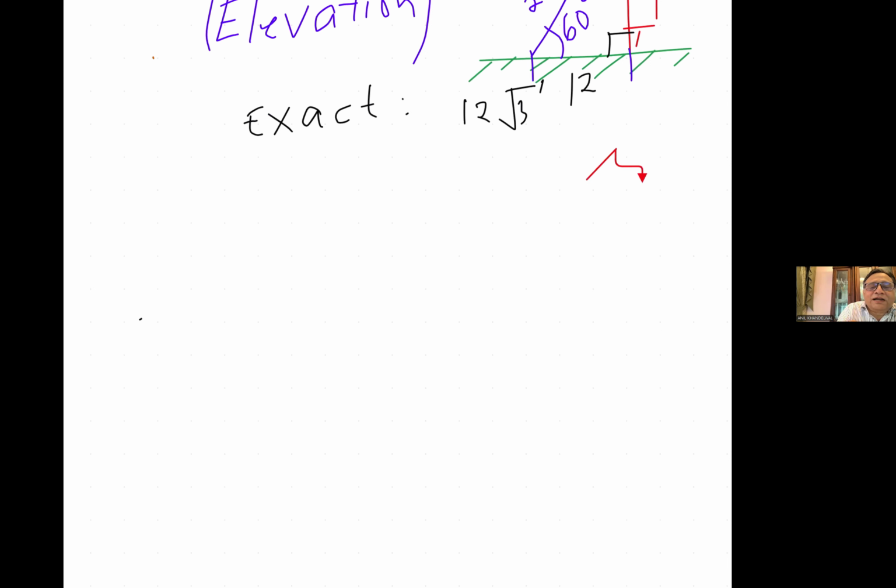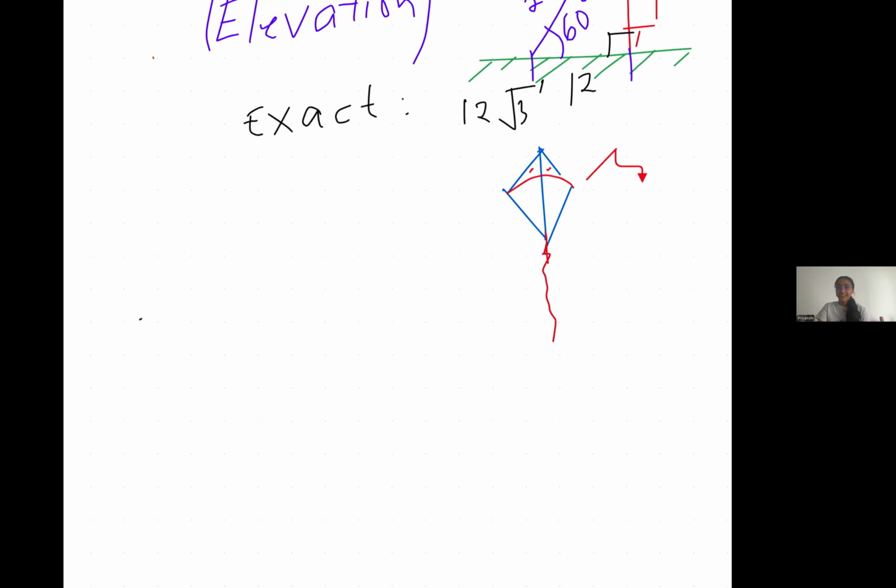So let's say we have a kite here. I was trying to make one. It should be more colorful. Okay, this is a kite. Now, we'll use the term angle of elevation.